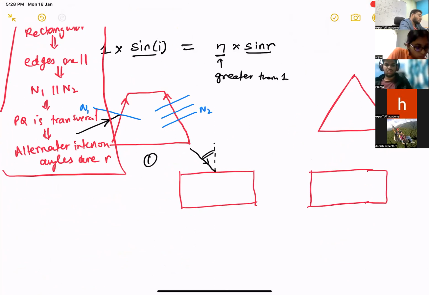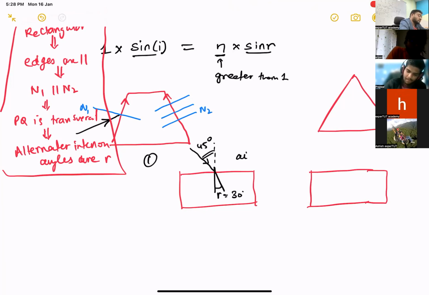Light is coming at an angle of, let's say, 45 degrees, and when it refracts, the refraction angle is 30 degrees. Outside is air. You tell me what is the n of this? N मतलब refractive index.